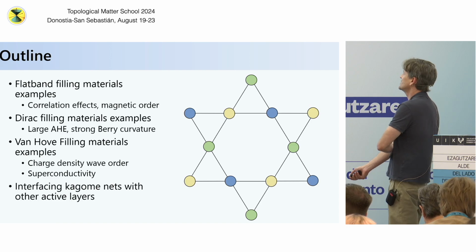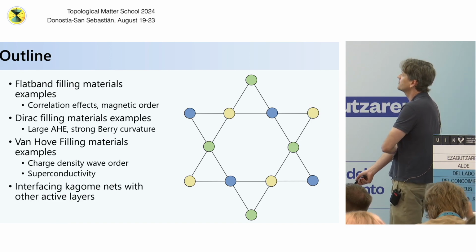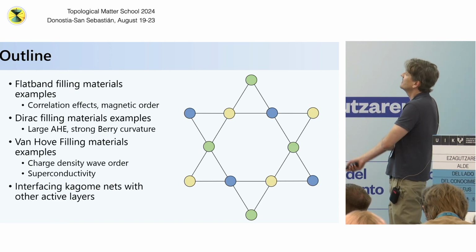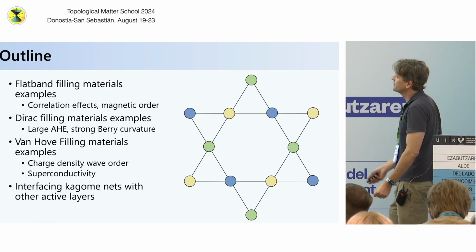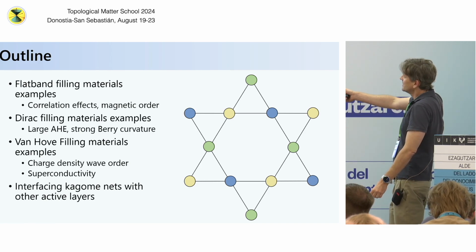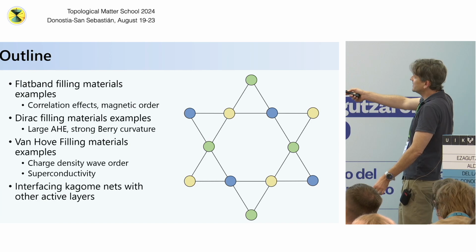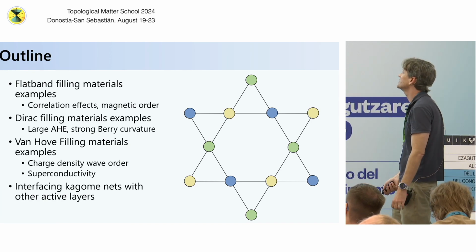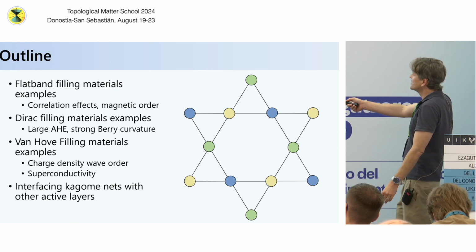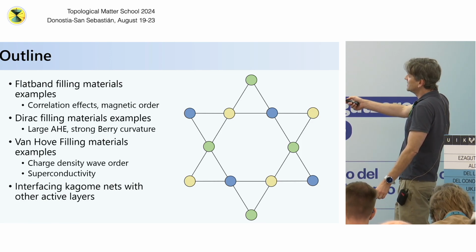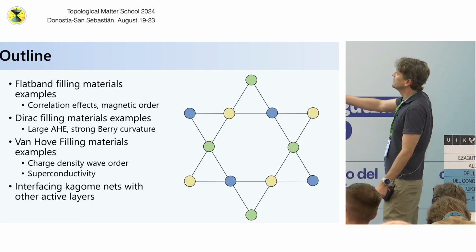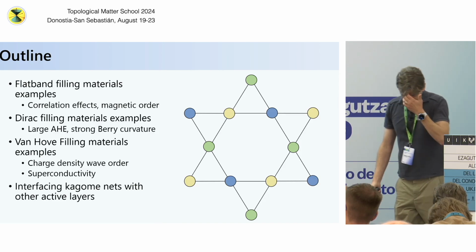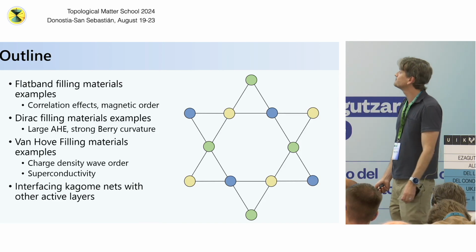As an outline, I'm going to walk through case studies in four different regimes. The first will be materials where people believe the flat band predicted in the Kagome lattice can be seen, and in some examples, if the flat band can be tuned towards the Fermi level, enhanced correlation effects indeed seem to manifest.